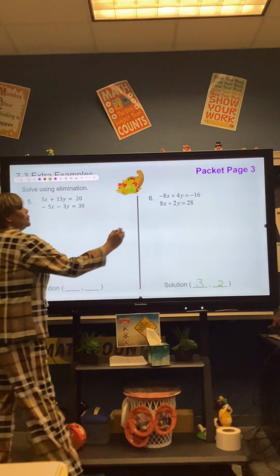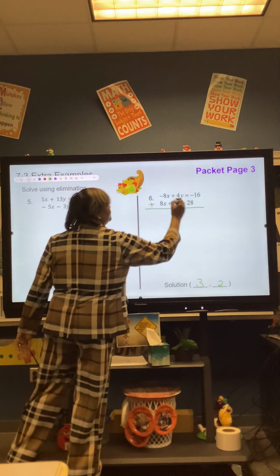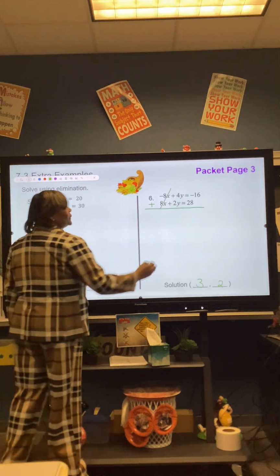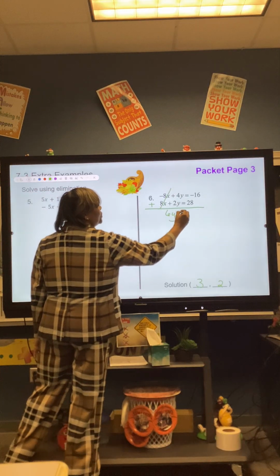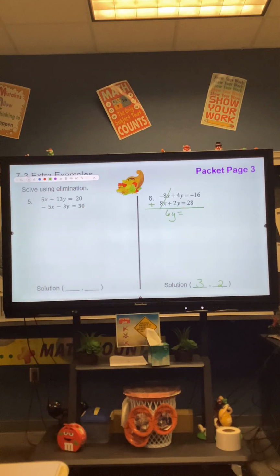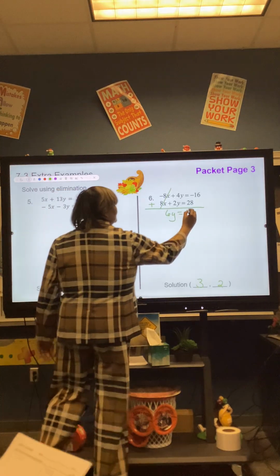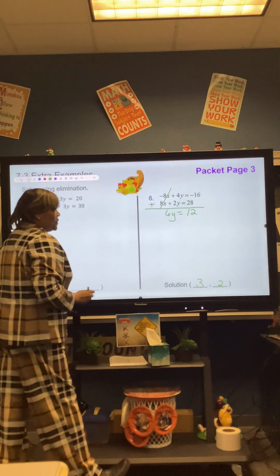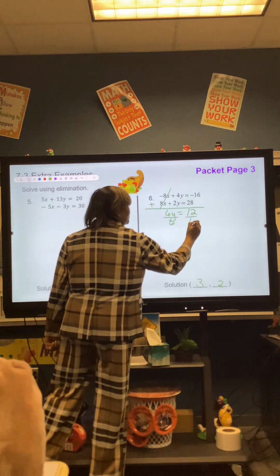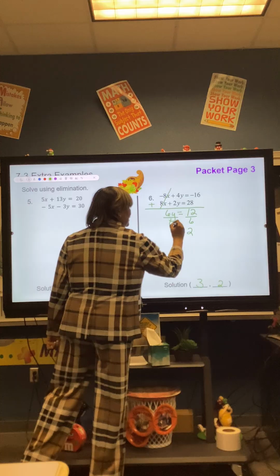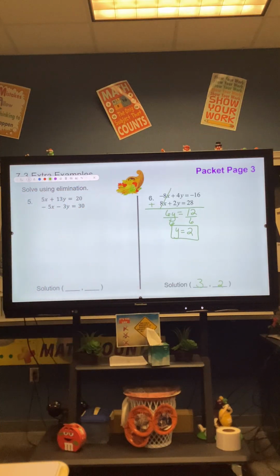What's 8 times 4? Let's create that zero pair. I got 6y is equal to, what's a negative 16 plus 28? Negative 16 plus 12. Divide both sides by 6. Y is going to be equal to what? I told you that. Trust me. You might trust me one day. Substitute it back in. Which one did you use? The top or the bottom? Did the bottom?